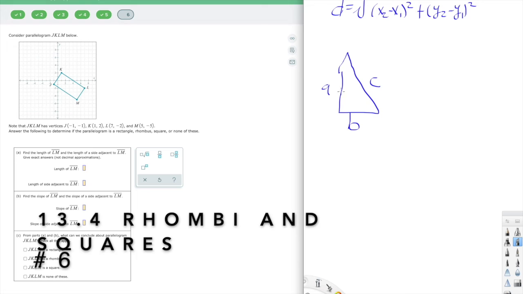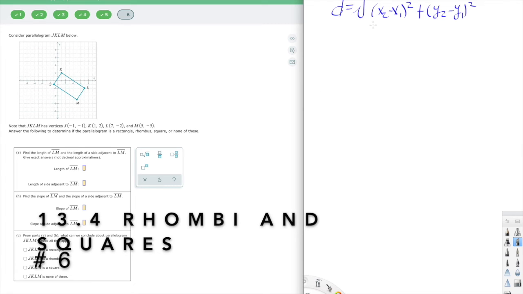A is the change in y, and b is the change in x because it's left or right. And then c is the distance we're looking for, so that's why it's d. But instead of d squared, we take the square root of the other side, so I just have d on this side. So it's just a little background: where does the distance formula come from? It's the Pythagorean theorem.